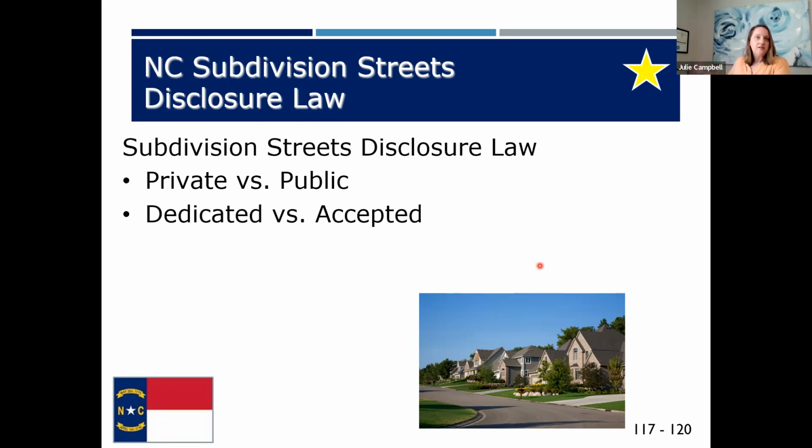Does this make sense? DOT is going to say, if you want me to maintain it, then you're going to build the street this way. And trust me, DOT comes and checks on their streets periodically throughout the process to make sure that they are within their rules, regulations, and requirements for construction.